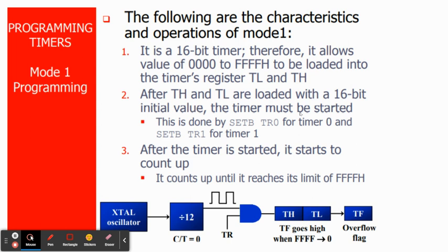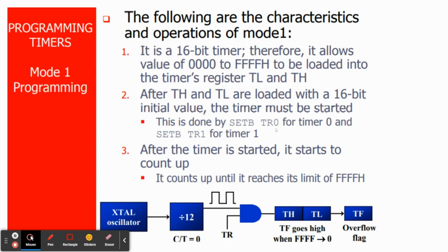You see, by putting 1 in our timer bit TR0, it will start to run. Now in assembly, if you want to make TR0 as 1, the command is SETB TR0. This is for timer 0 to run it.